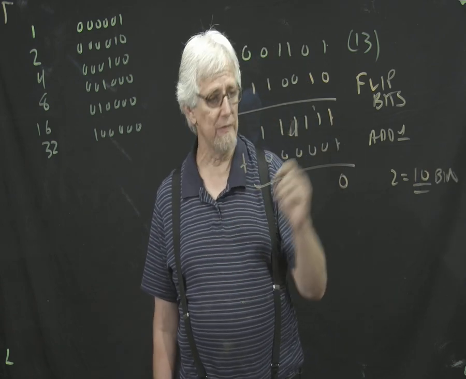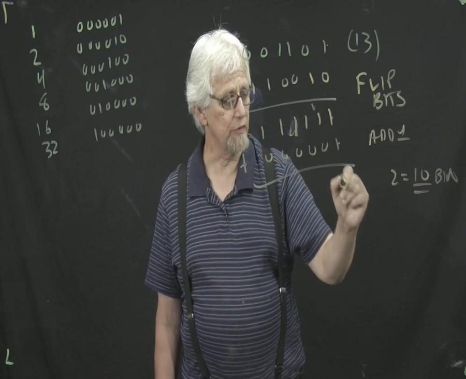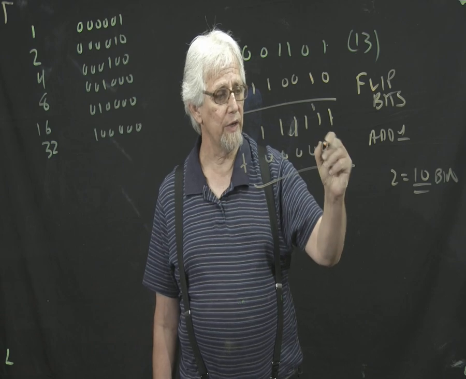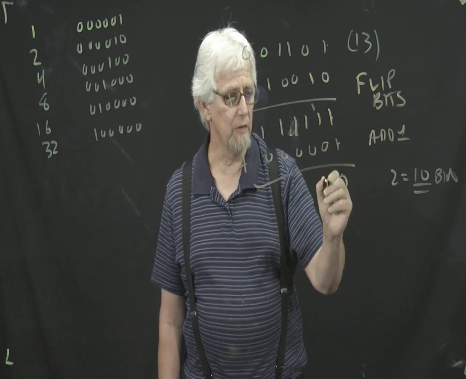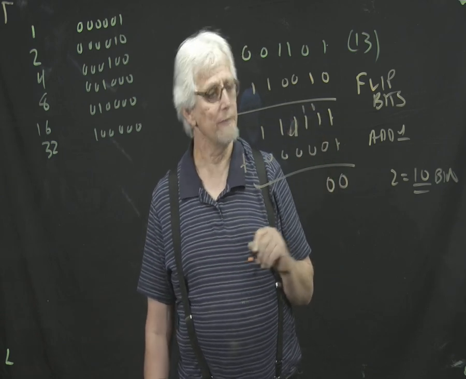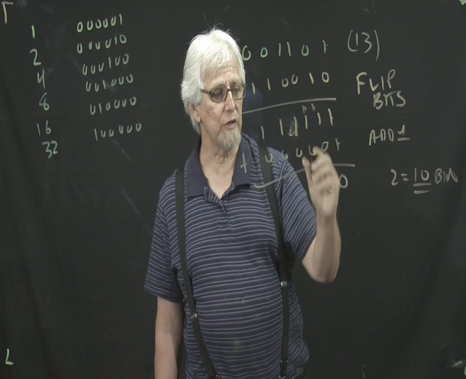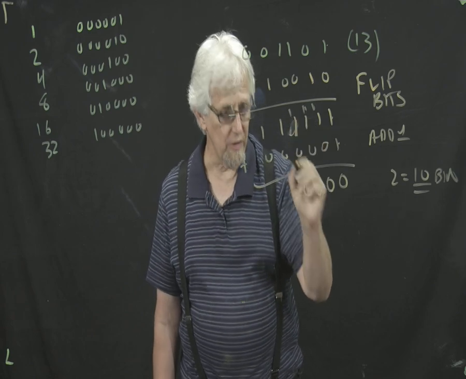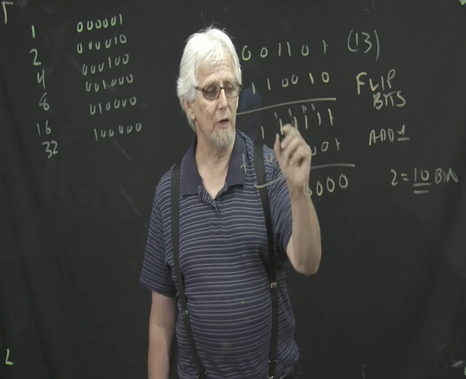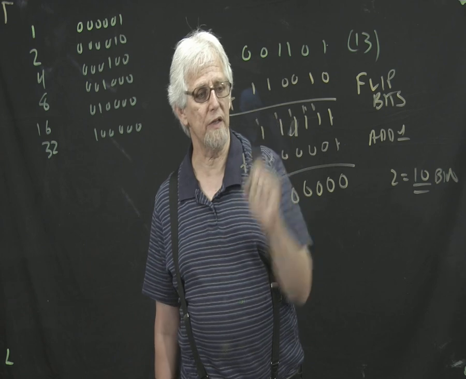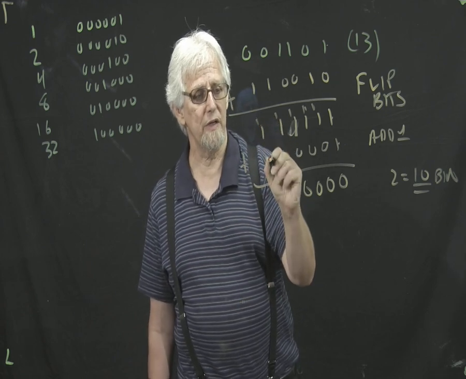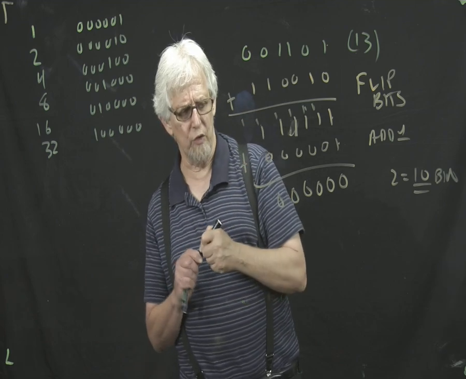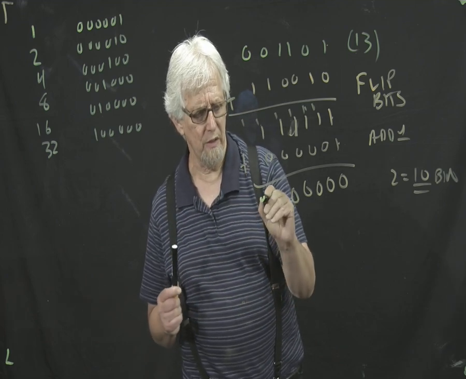So 1 plus 1 is 0 and 1 to carry. 1 plus 1 plus 0 is 0 and 1 to carry. 1 plus 1 is 2 plus 0 is 0 and 1 to carry. 0 and 1 to carry. 1 plus 1 is 0 and 1 to carry. 1 plus 1 plus 0 is 0 and 1 to carry. So normally what you would do is you'd put that here.